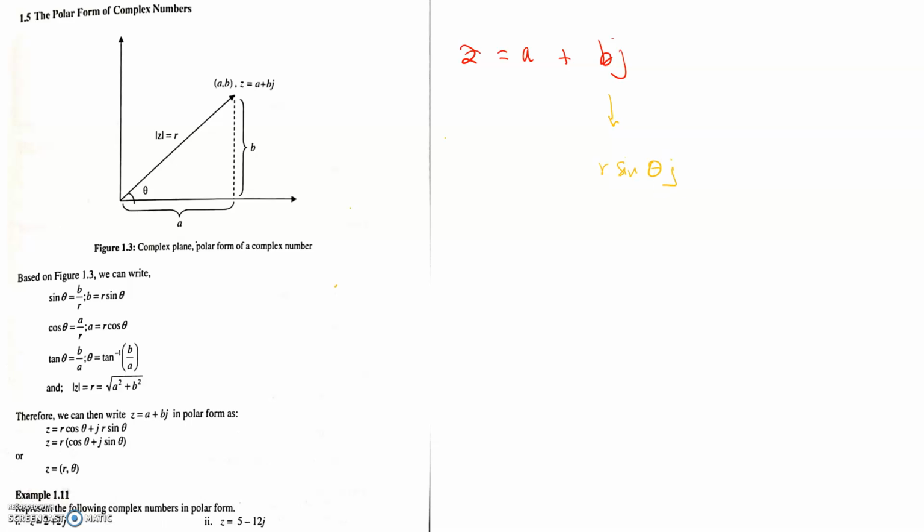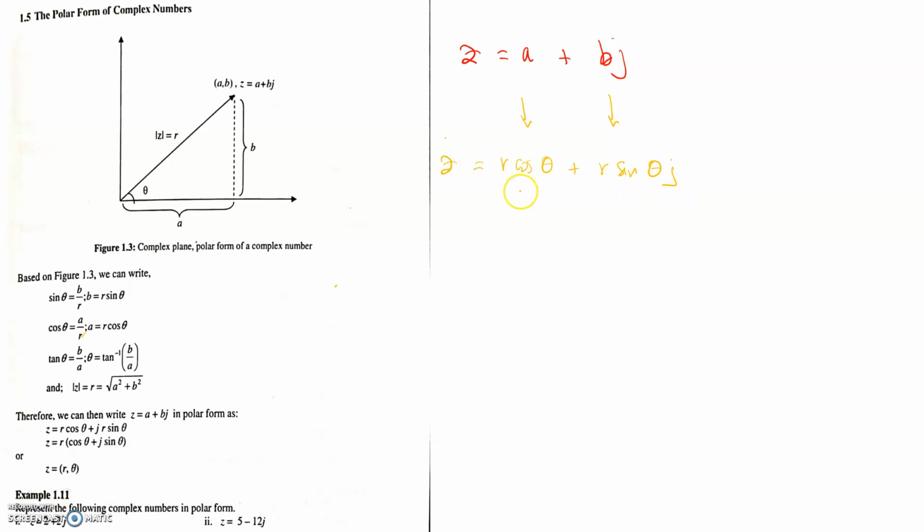And then what about A? For A, we know that CAH is adjacent over hypotenuse, or A over R. When we write it in the form of A, moving R to the left hand side, you get R cos theta. So A changes to R cos theta.